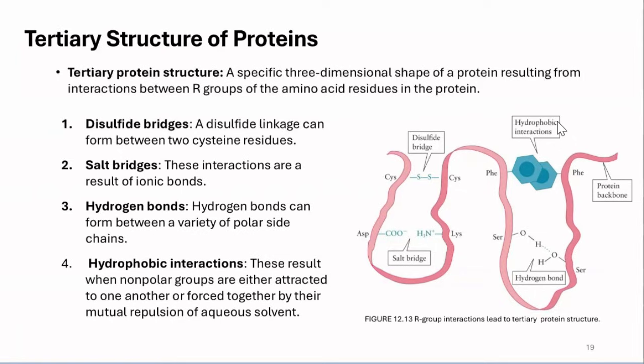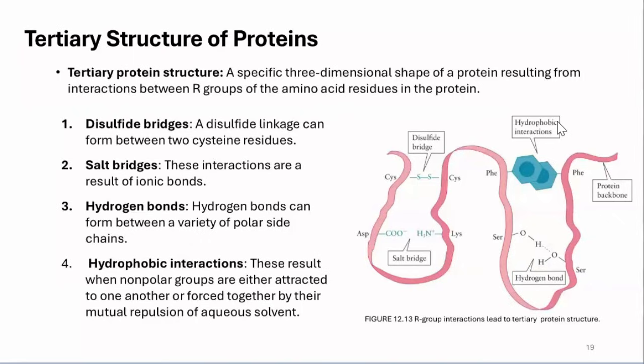You can see here in the example serine interacting with serine. Since in both side chains we have a hydrogen connected to an electronegative oxygen, we can see in this dotted line the illustration of a hydrogen bond.